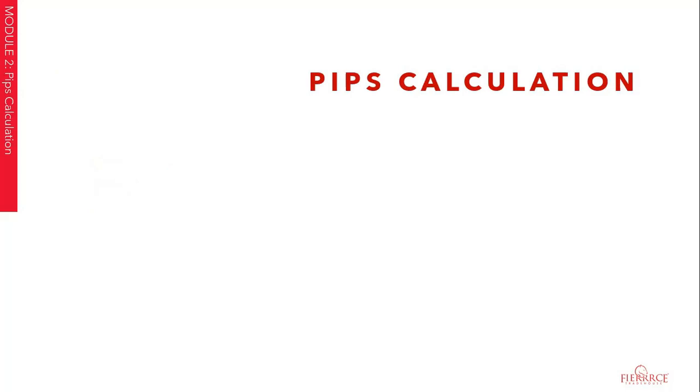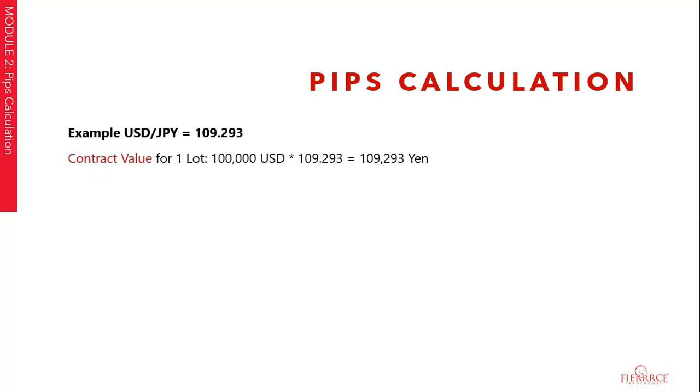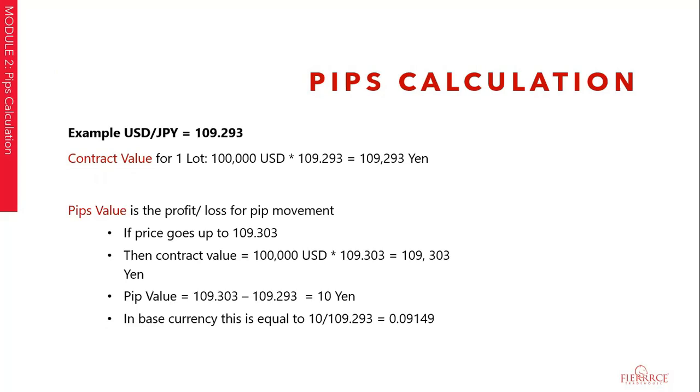Now, for us to further understand lot sizes and calculation vis-a-vis the pips, let's say, for example, we are trying to get the value of a pip. Now, every currency pair, because of how they are quoted, and they're all quoted differently in terms of value, every price change or pip value is different.